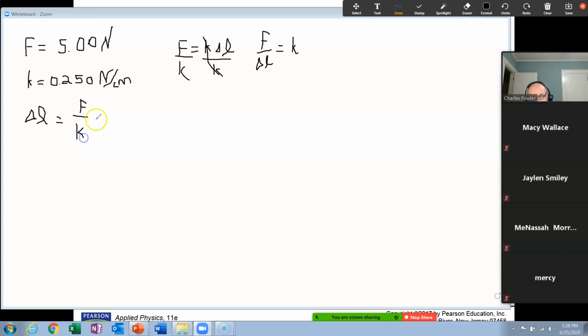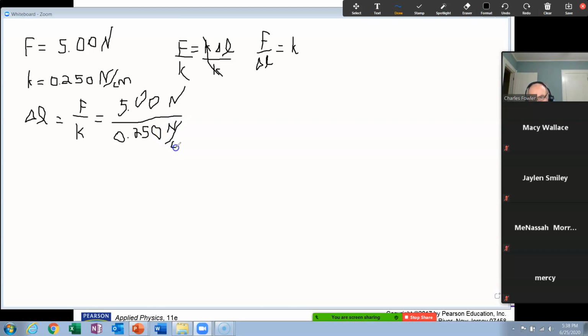Now, plugging in what we know, that's F is 5.00 newtons. Oh, that's an ugly 0. That's not much better. Newtons divided by K, which is 0.25 newtons, no, newtons per centimeter.